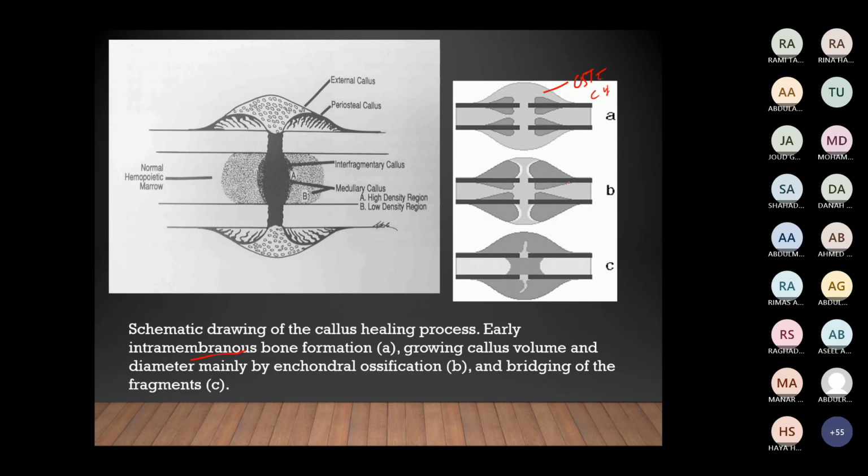There is a soft callus and diameter formed with the help of the chondroblasts to form endochondral ossification. This is the soft callus. Then this area tries to conjoin, which is called bridging of the fragments. It's very simple: the external callus and the periosteal callus, and it's only a schematic representation.